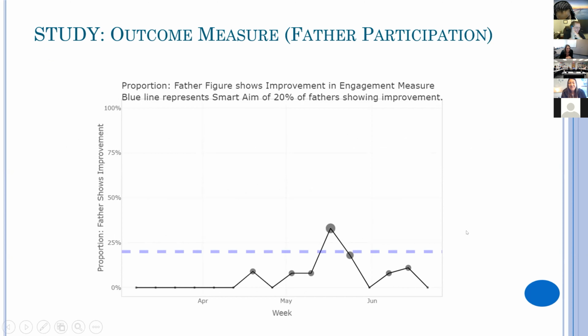Every one of those little dots is one week, and within a week we took the number of families visited in that week. And we looked at, okay, if those families are visited, let's look at their engagement measure, and we're going to compare that measure to their first engagement measure. And if it's higher, we consider that a hit, otherwise it's a miss. And that proportion of hits to misses, that proportion of families showing an improvement to families not showing an improvement, is what's being graphed here on the y-axis.